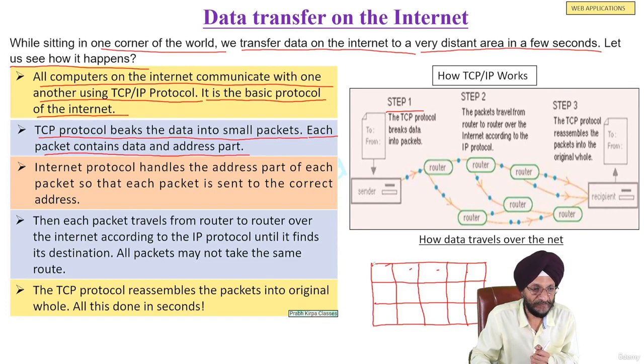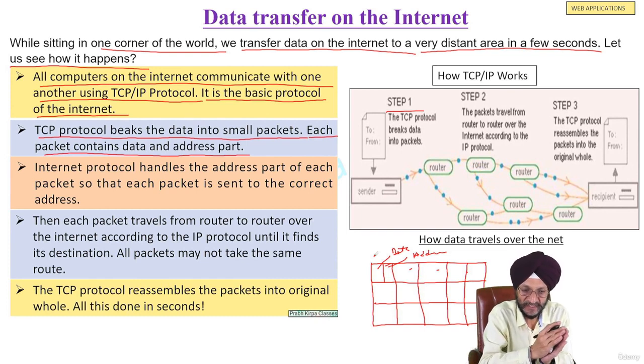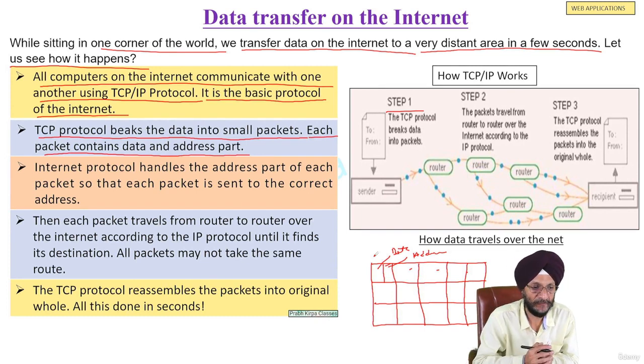Now each packet contains data and address part. Suppose this is the data part and the other is address part. That is, each small packet contains two parts. One is data part and the other is address part.